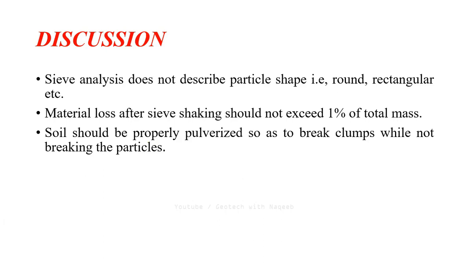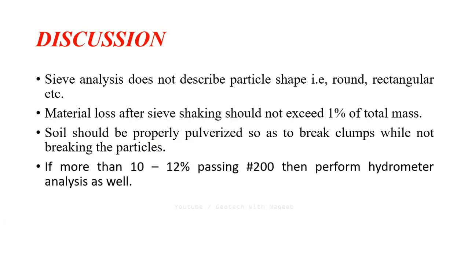So it becomes necessary to oven dry the sample and then pulverize the soil to bring it to its original size, but one should ensure that the original particles are not broken. We have to pulverize very carefully.